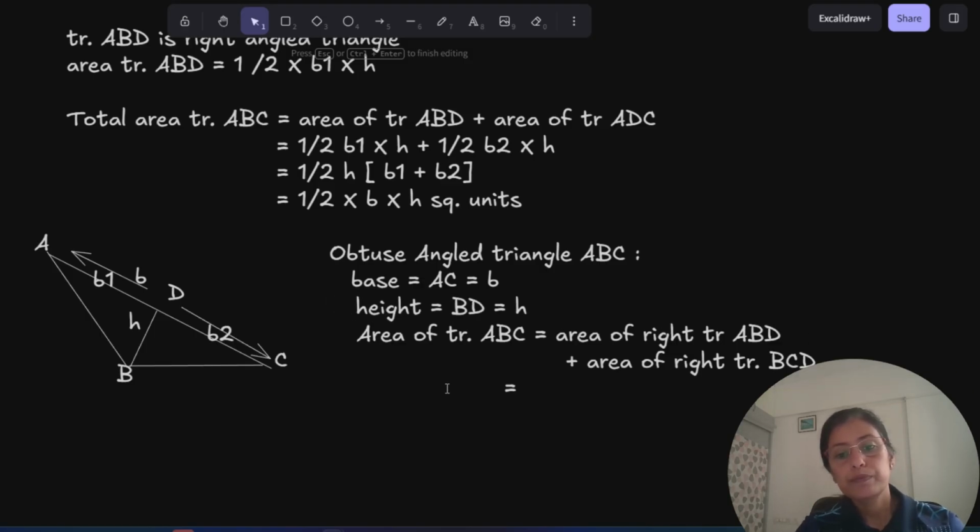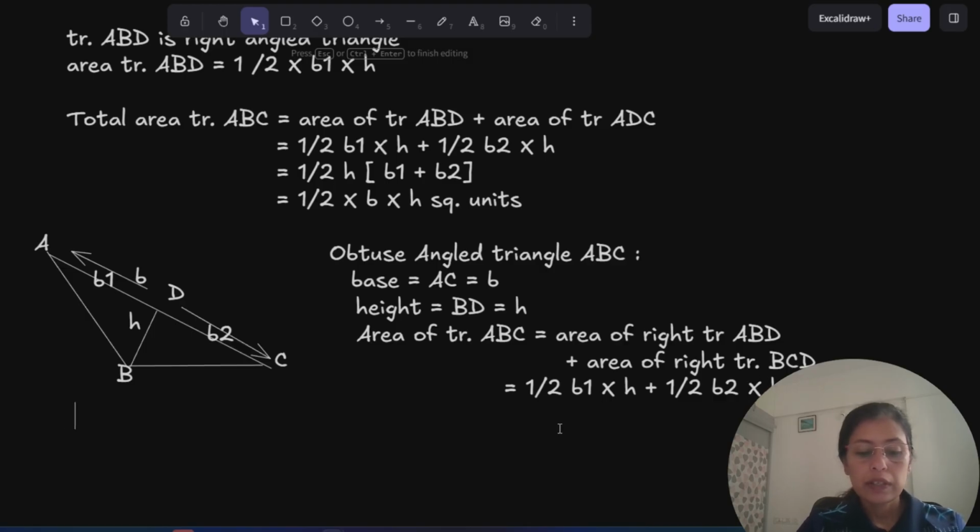So it will be the same as above, half of B1 into H plus half of B2 into H. Take out the common things. Common things here are half H, and then what is remaining is B1 plus B2.